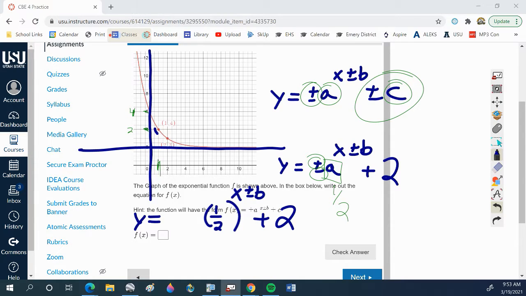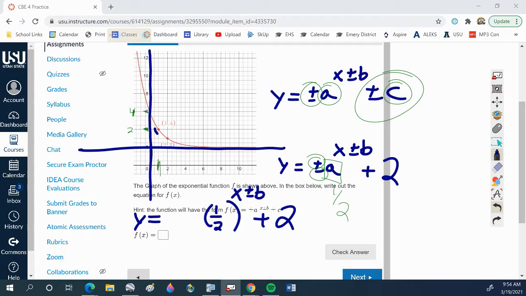Does everybody understand it so far? So I looked at the graph to figure out my c value, which was up 2. Okay? I redrew the coordinate grid so that I could figure out my a value. And we know this is a decay. How fast is it decaying? 1/2. And then I know the graph is above the x-axis, which means it's positive.